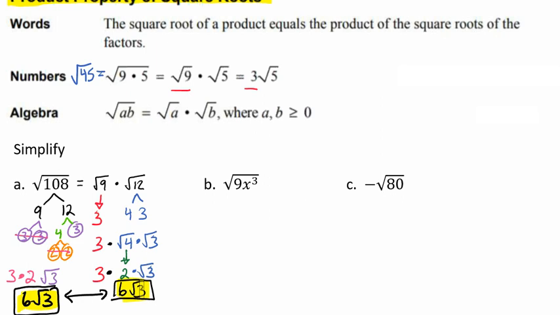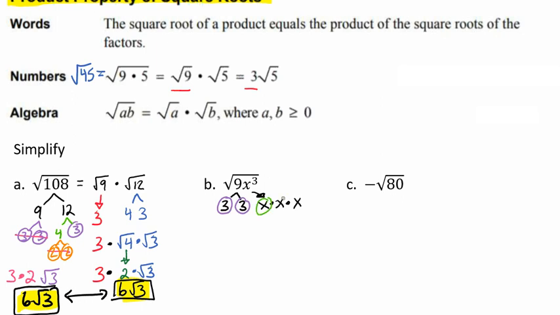Let's take a look at letter B. Here we have the square root of 9 times x to the third power. So what I like to do here is I like to make my factor tree for the 9 and get my 3's. And then for the x, what that really comes out to is an x times x times x. So I'm going to circle my prime numbers. So I have my 3 and 3 are both primes.